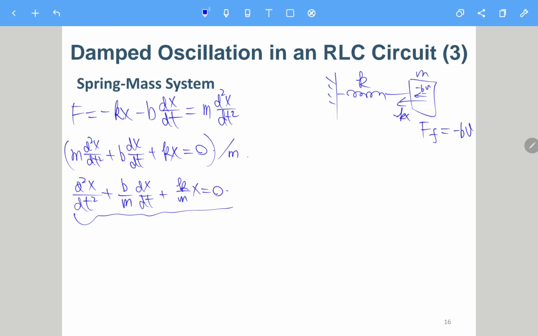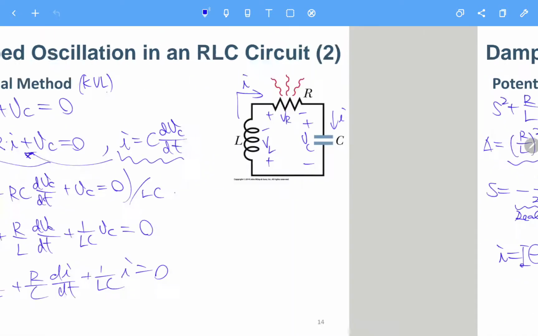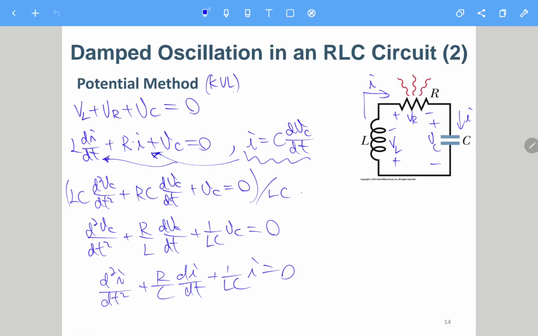Which means that you can just try to exchange R with B, and then L with M, and then 1 over LC with K over M. Then you'll get the same thing.